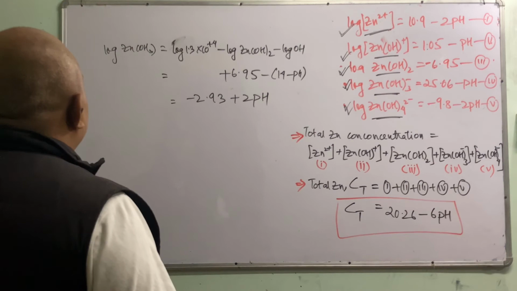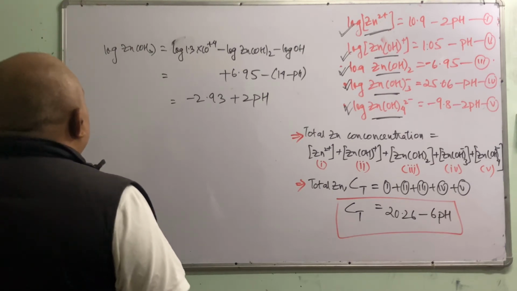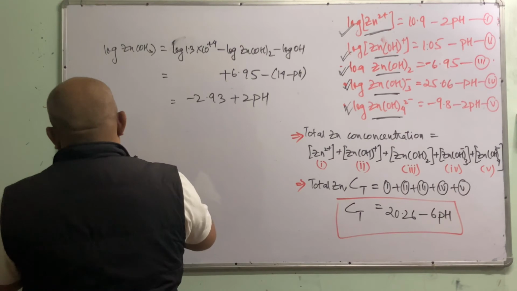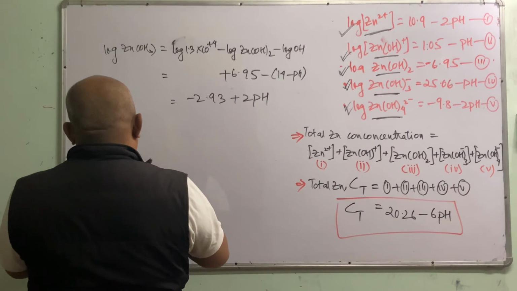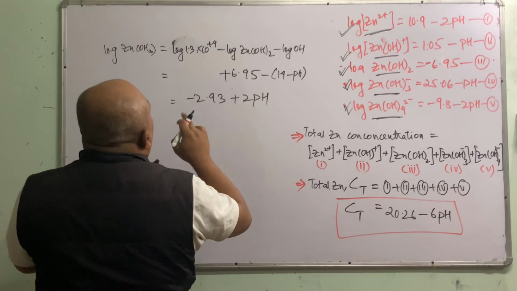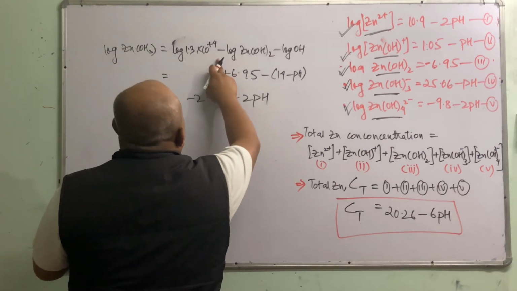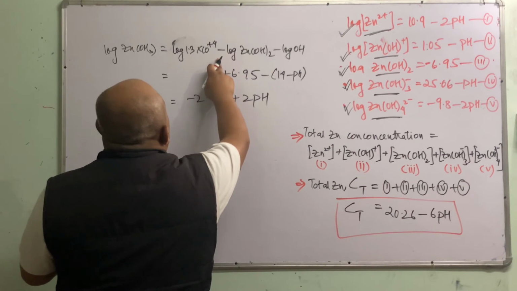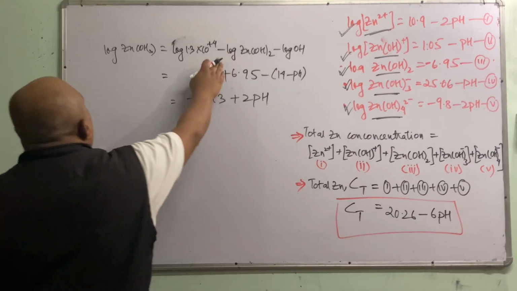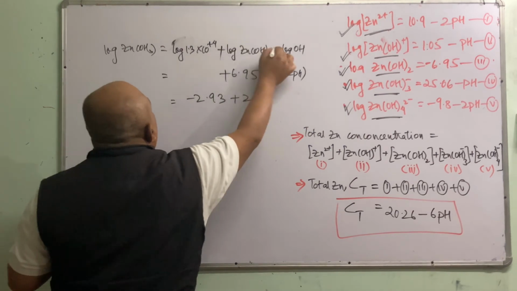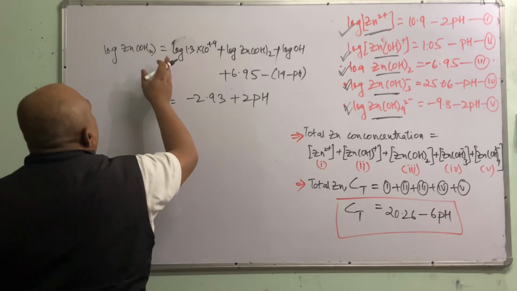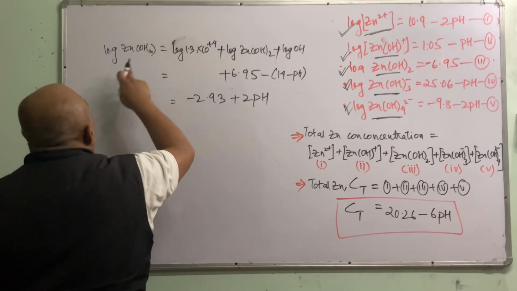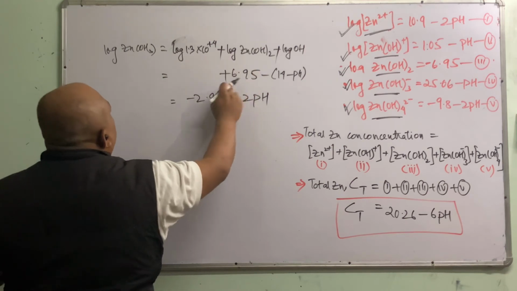This is log of 1.3 into 10 to the power 4. 1.3 into 10000 is equal to log. So this will not be minus, this will be plus. Correct? Because this divided by this will be plus. Minus means this will be plus. Correct.